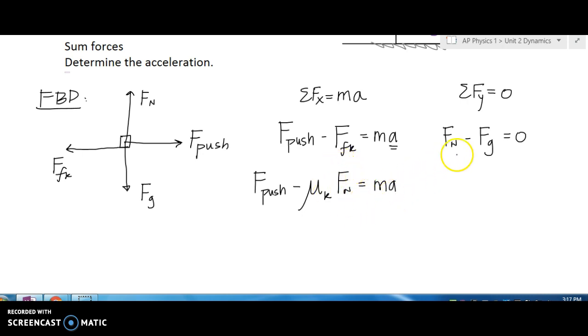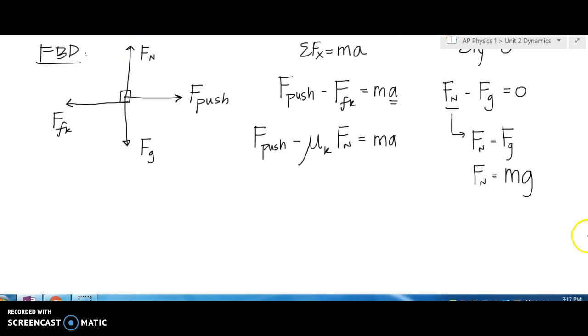Now the normal force I can solve for up here. So the normal force is equal to the gravitational force, and the gravitational force is equal to mass times the gravitational field of the planet that you're on. It's like a big substitution party.